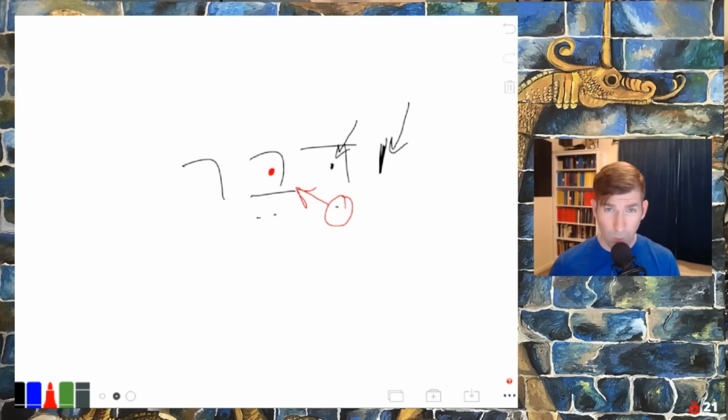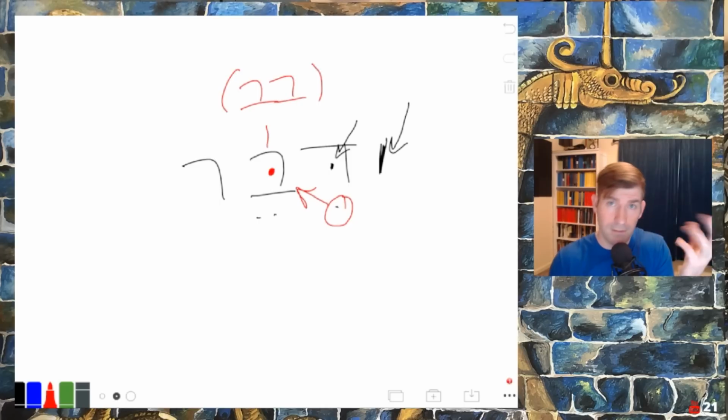And basically what that dagesh is doing, it's doubling the bet. There are two bets essentially in there, right? Because that's what dagesh forte does. If you put a dagesh forte in there, it doubles the letter. Now, what that means, and you don't have to worry about why this particular word, there's a reason behind it. You don't have to worry about that right now.